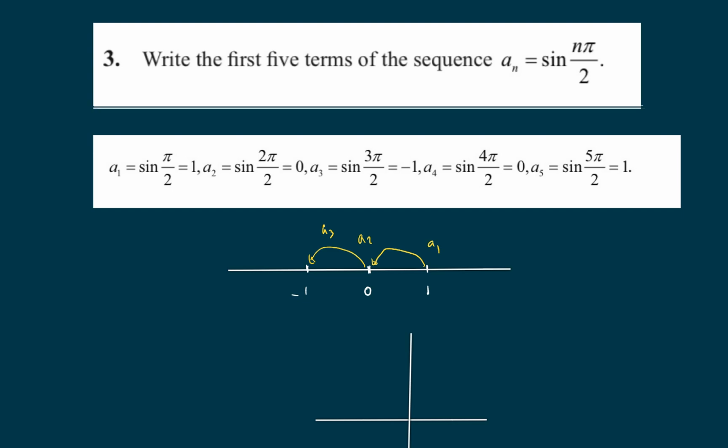In our picture, you start at 1, a1, a2 goes to 0, a3 goes to minus 1, a4 goes to 0, a5 goes to 1, and a6 goes to 0. And it's a cycle, where the terms keep jumping like this.